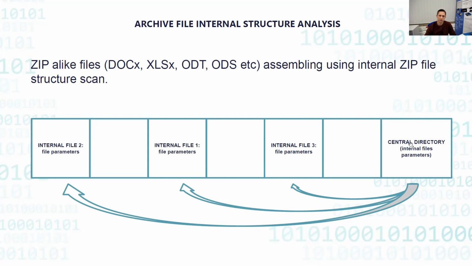Once a match is found for some particular central directory, firstly we have this file, then this file and this file, then the utility can recreate the zip file from those parts, which could be found across the hard drive, across the flash drive, across the dump.